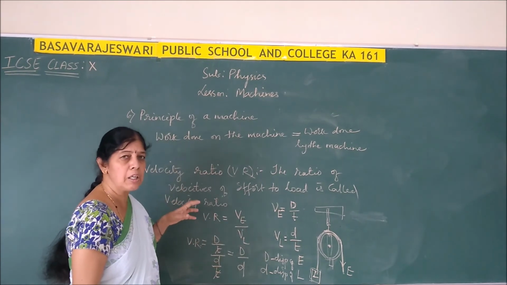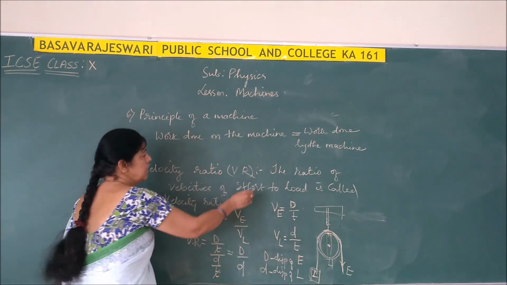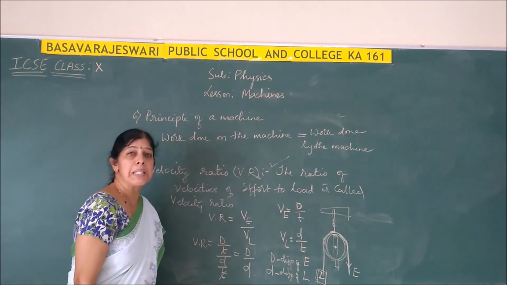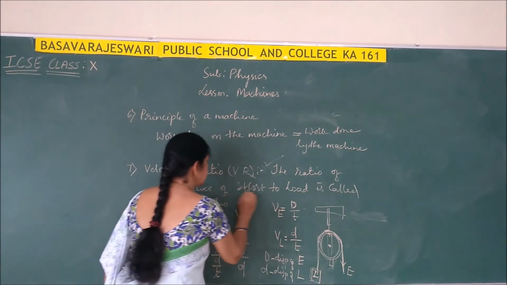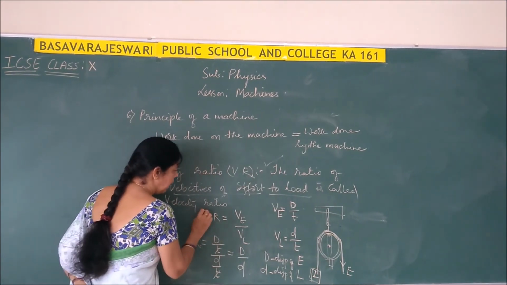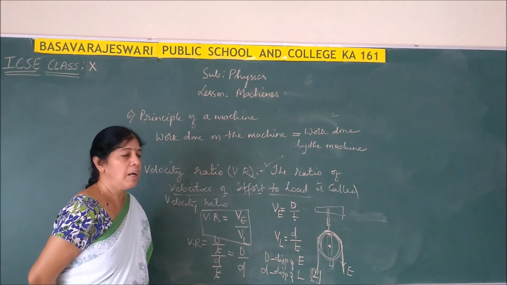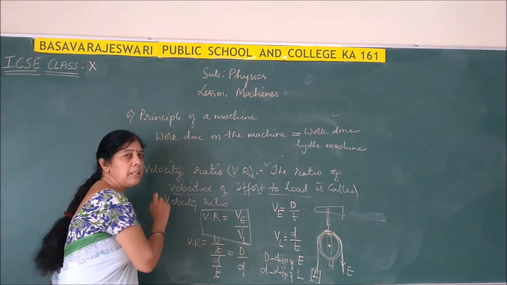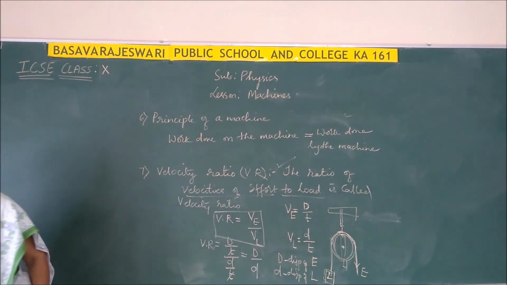But in examination, if you are asked to write velocity ratio definition, better write this definition only. In precise, velocity ratio is the ratio of velocities of effort to load only. So, this will be the very correct definition of velocity ratio. Understood? So, this is the seventh term which you have to remember.